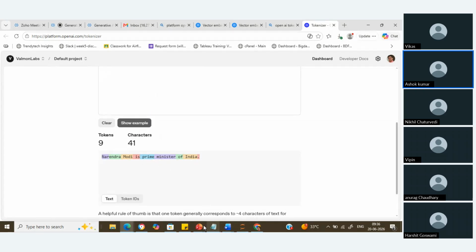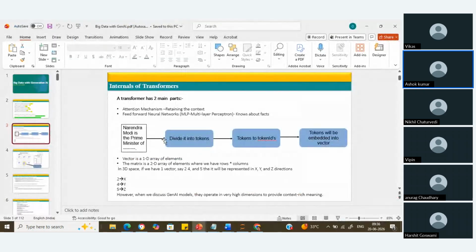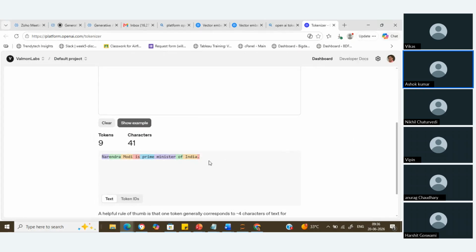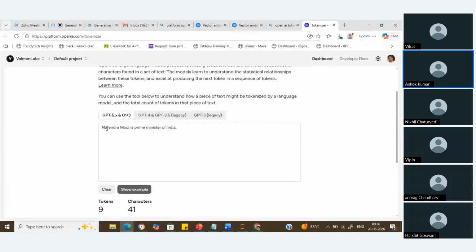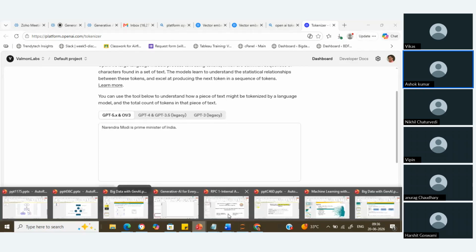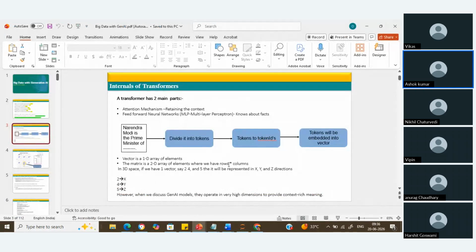The sentence is converted into tokens, and then the tokens are converted into token IDs. These are the token IDs for the sentence we have given. Why do we need to do this?